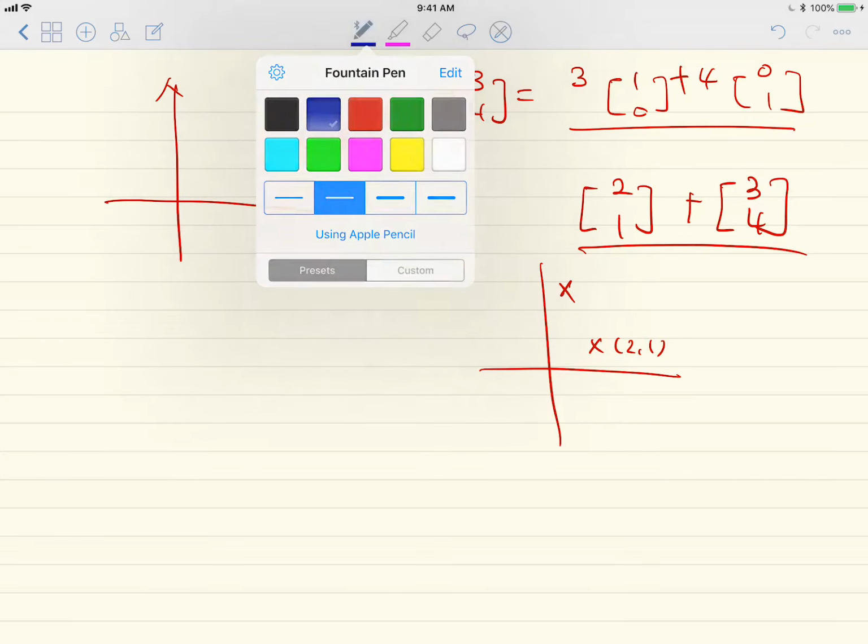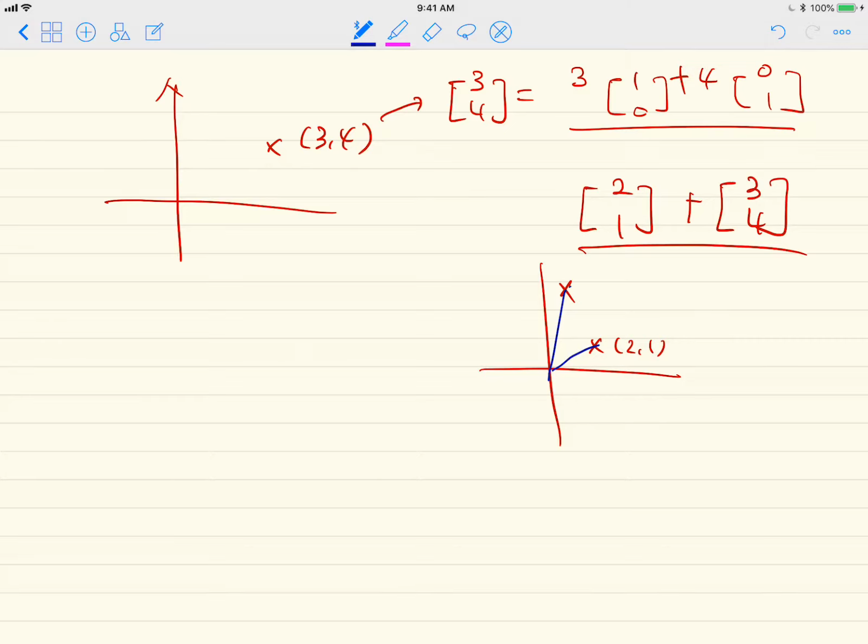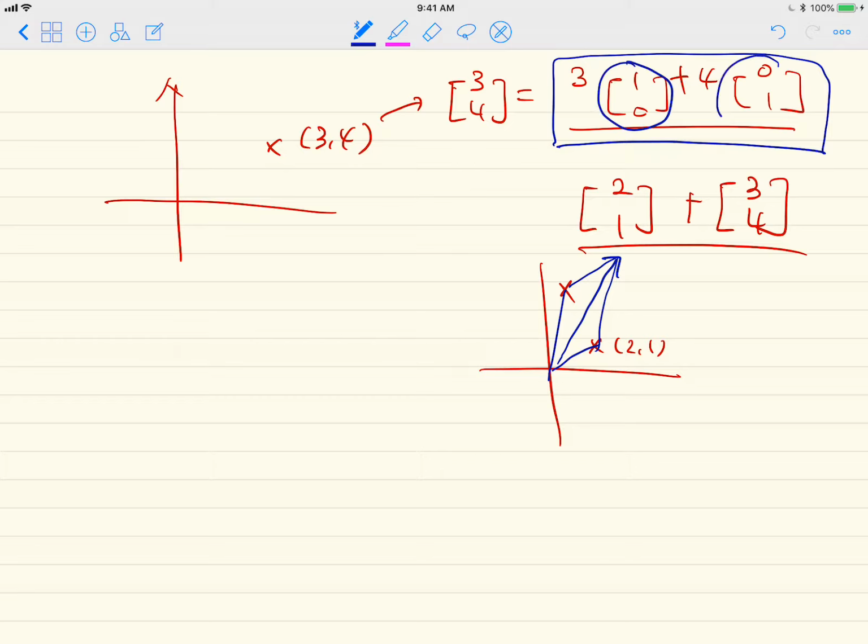It is just forming this parallelogram and then finding another vertex of this parallelogram, right? And so this one can also be viewed as forming the parallelogram. But before forming the parallelogram, we first do the scalar multiple of these two vectors.